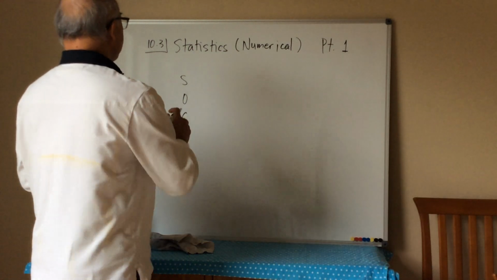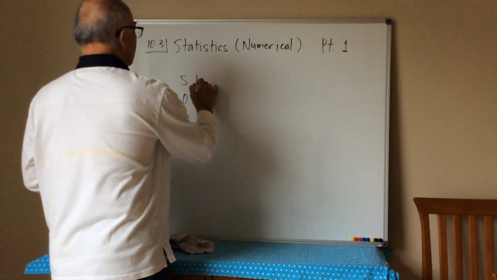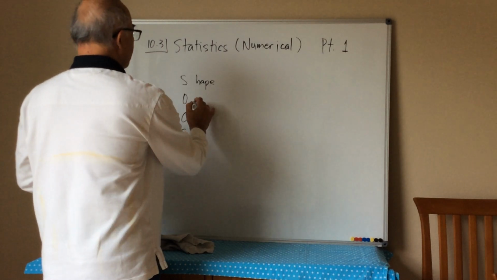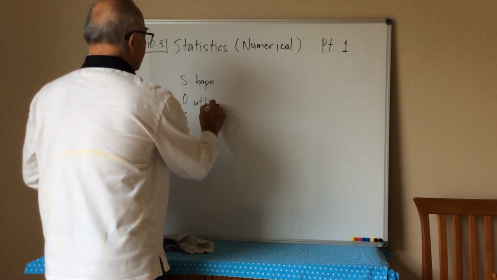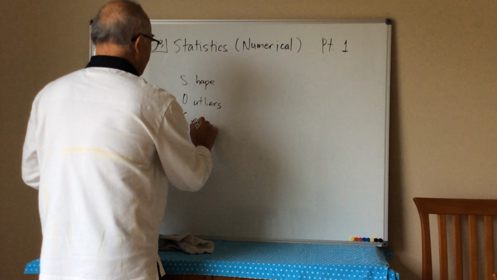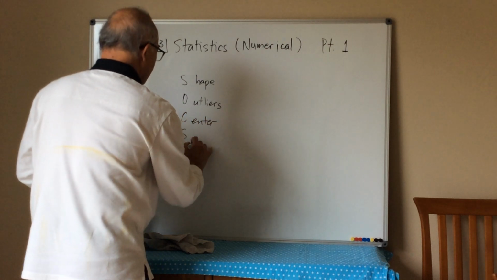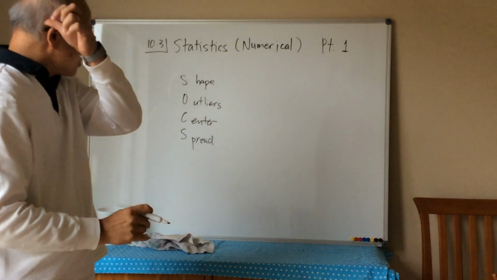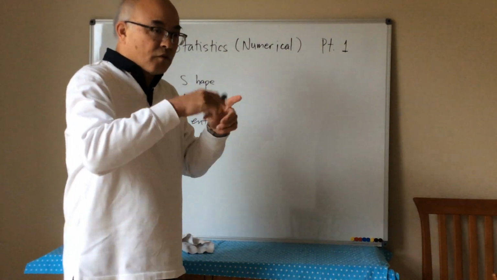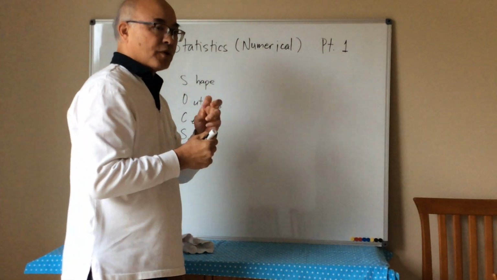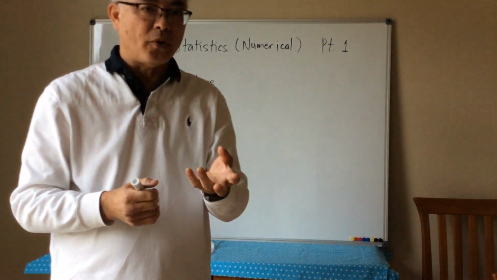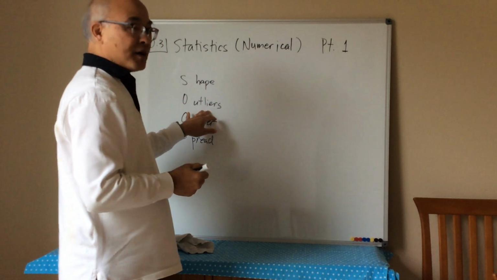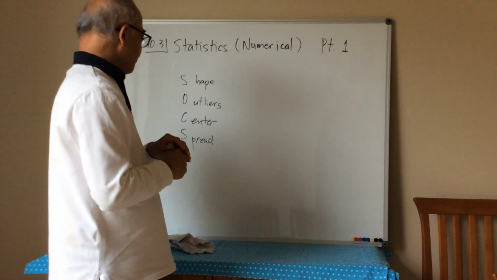So we're talking about shape, outliers, center, and spread. Shape is whether it's roughly symmetrical, whether it's unimodal or multimodal. It could be bimodal or even trimodal. Outliers is whether or not it has an outlier.